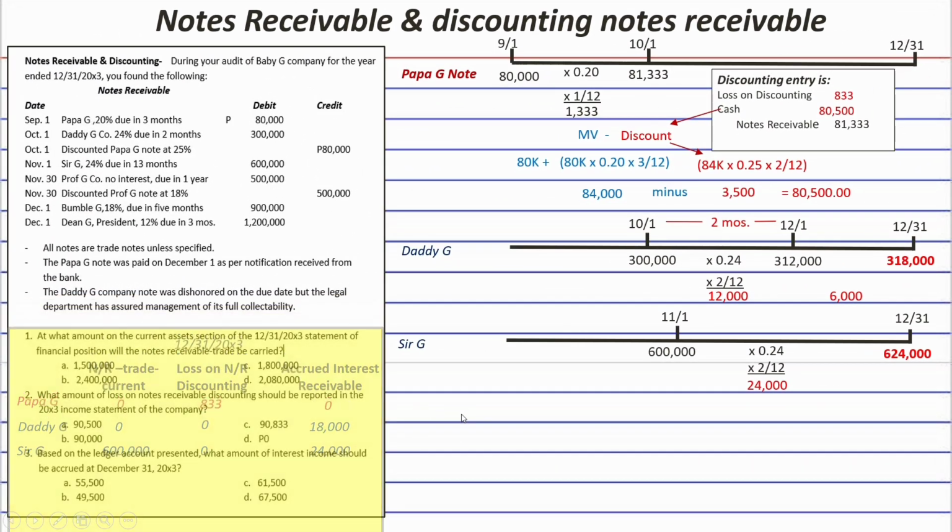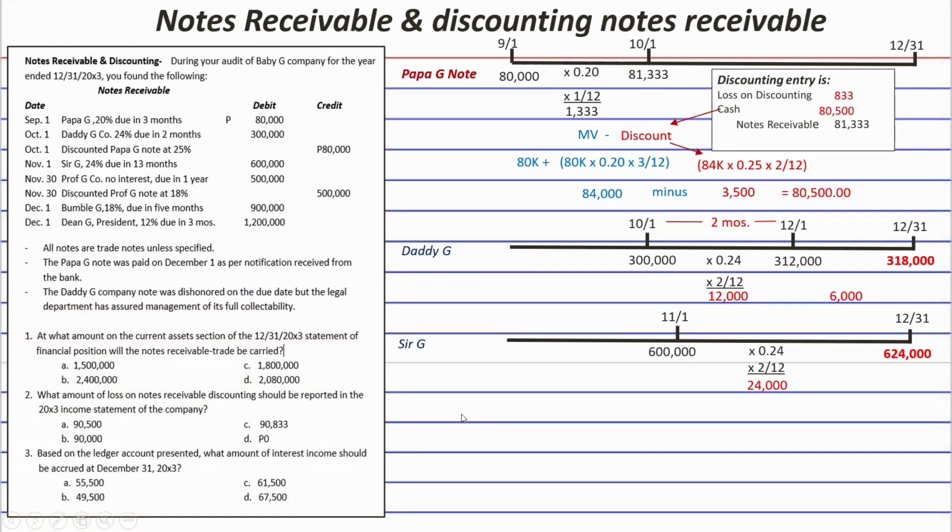Now, let's go to Professor G's note. Unlike the other notes that we have discussed, this one is non-interest bearing. Our default when we get the initial value of non-interest bearing notes should have been to get the present value through discounting this amount.